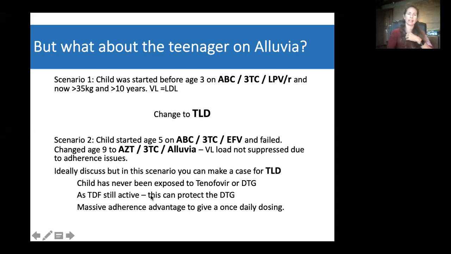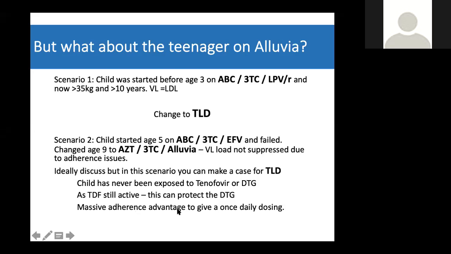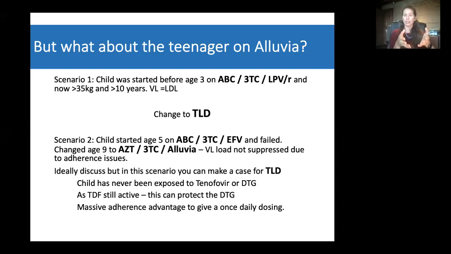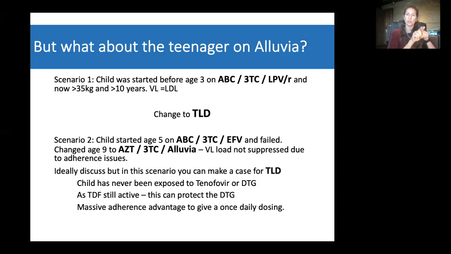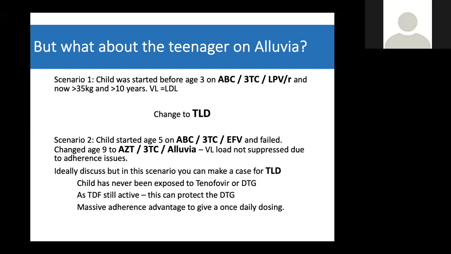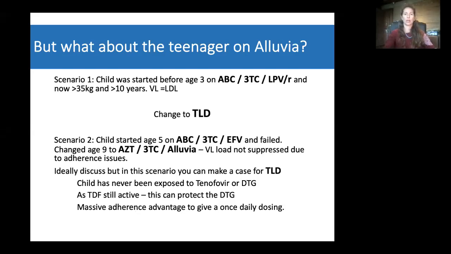So this is where the guideline says, because of the massive adherence advantage to giving just this once daily dosing to somebody who's been struggling on both failing on their first or second line, we can give our teenagers TLD. So just to keep that in mind, the only proviso is they must not have been exposed to tenofovir before, but we're going to forgive them for having been exposed to the abacavir in the past.